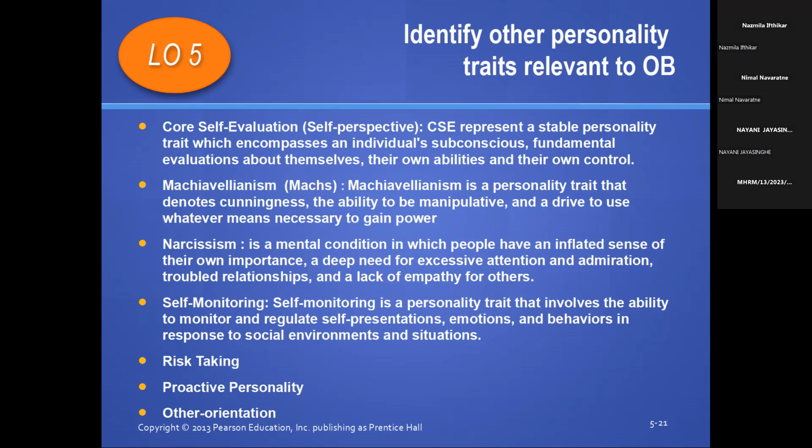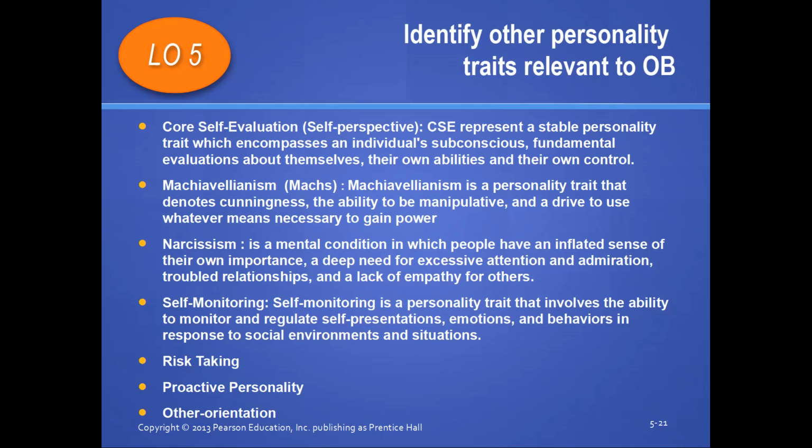Machiavellianism: you don't worry about other people, always trying to achieve your expected outcome. Narcissism: you are always self-centered, a highly egoistic person. Self-monitoring people are able to manage their emotions and behaviors. Risk taking: you would like to take more risk or sometimes less risk.